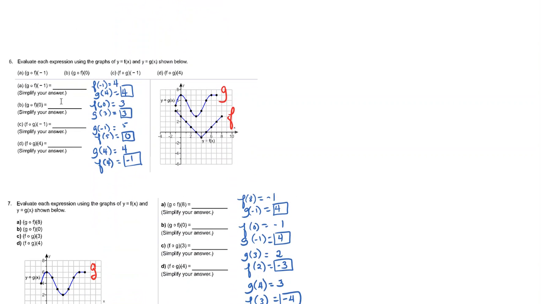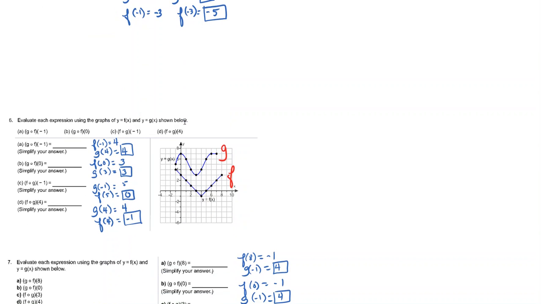So we're going to do the same thing in number 6 as we were doing in this table, but we're using a graph. So you still have an x line, which is your x-axis, and you have an f of x, which is this v, and you have a g of x, which is this. So g of f of -1. So we'll go to -1 on the x-axis right here, and we'll move till we are meeting the f line.